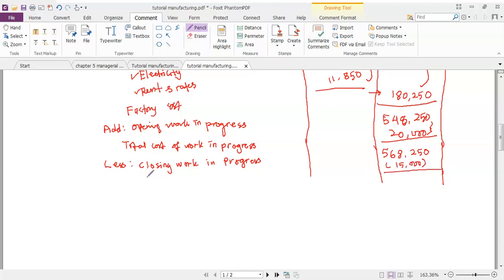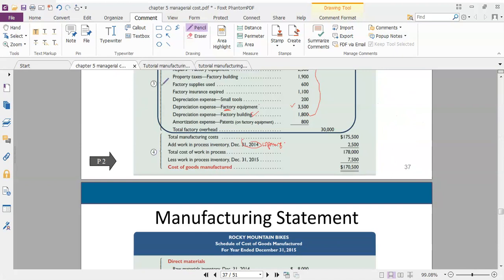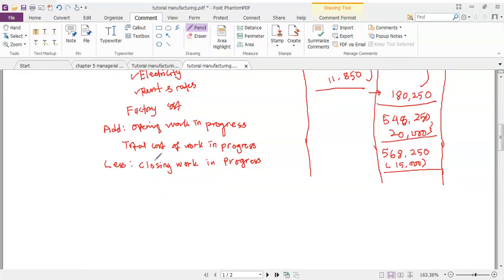Okay, lepas dah tolak tu baru kita akan dapat semua total dia. Last sekali, cost of goods sold manufactured. $568,250 minus with 15,000.